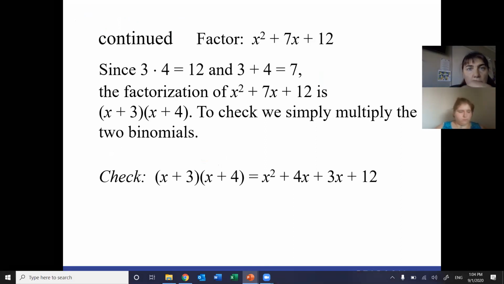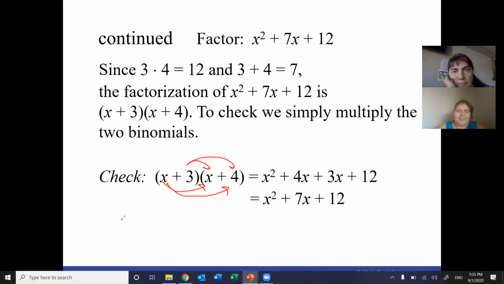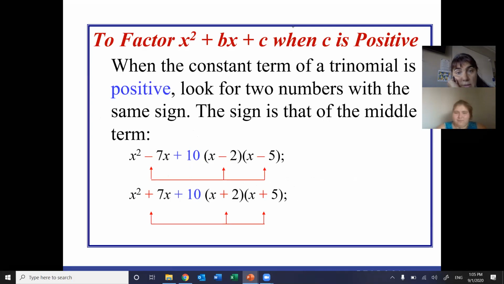So if you want to check, you need to take the factored form of the polynomial and multiply it out. You can just FOIL it again and see if you get your original polynomial. Here we go. You got it. Easy peasy, lemon squeezy.